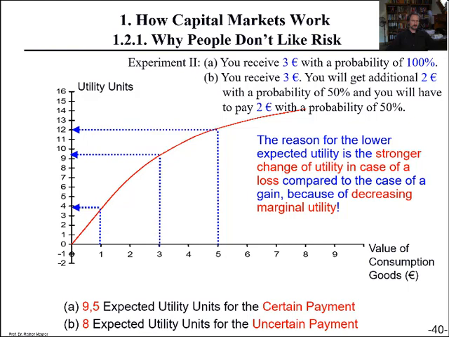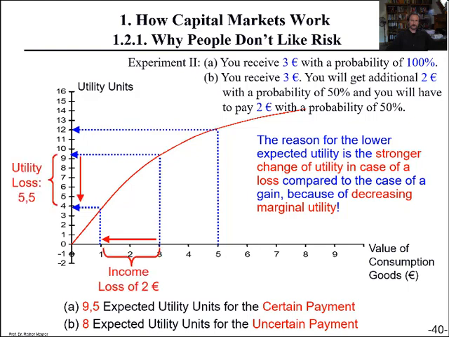In case money income falls by €2, a utility loss of 5.5 results. In case of money income growth by €2, a utility gain of only 2 units utility results.